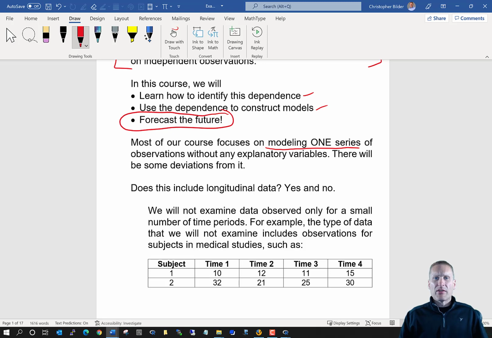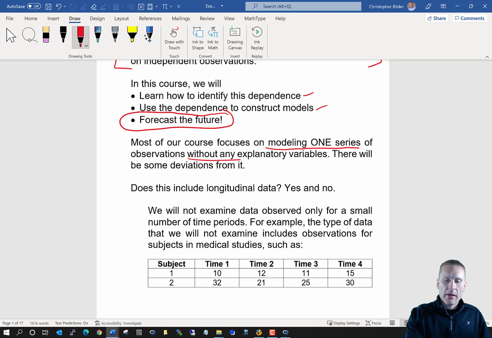Typically in a time series analysis course, you don't talk about that too much because there's a lot that you need to do with just one series of data. In other words, you could say, one variable. Later in the course, we will see a little bit about how to deal with multiple time series data. But here we're going to focus typically on one time series.